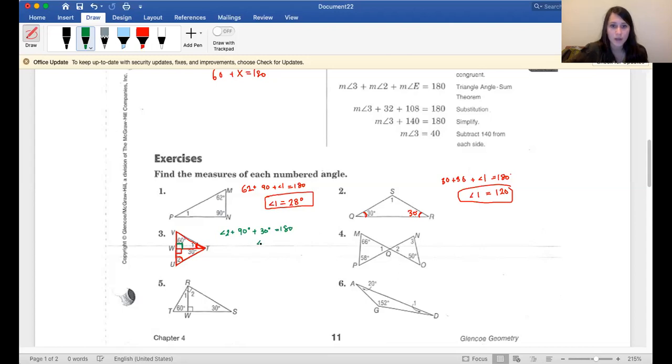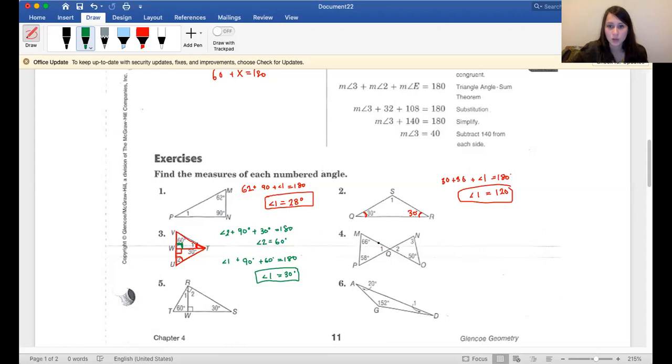All right, and then I can work this out, solve it, and find that angle 2 is 60 degrees. Finding angle 1 here: angle 1 plus this green angle, 90 degrees, plus 60 equals 180. So angle 1 equals 30 degrees.